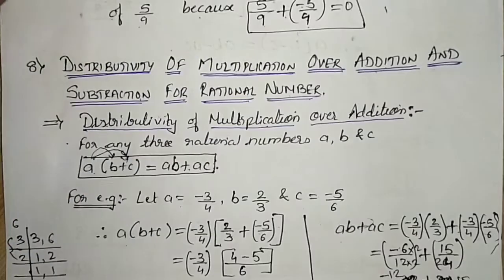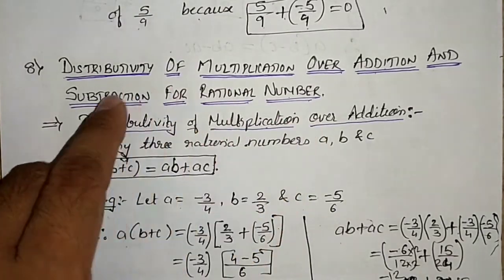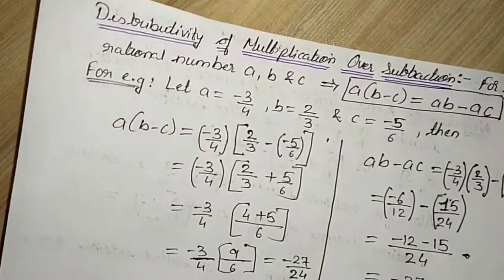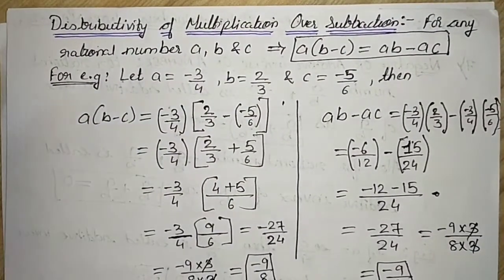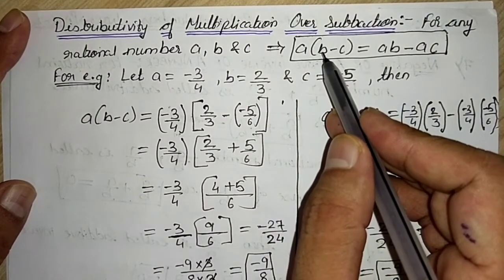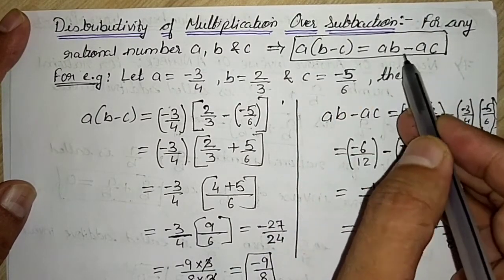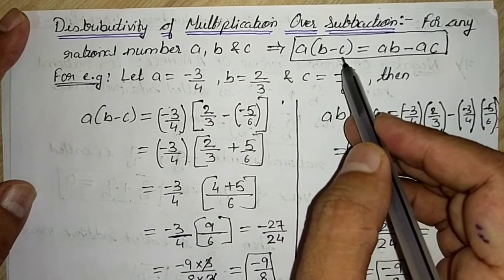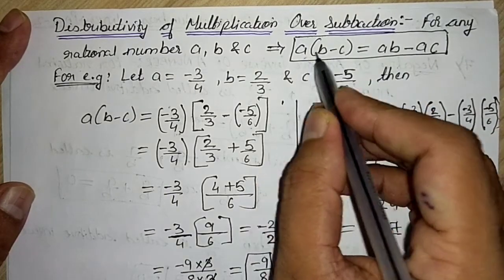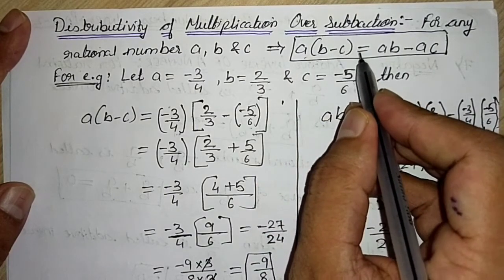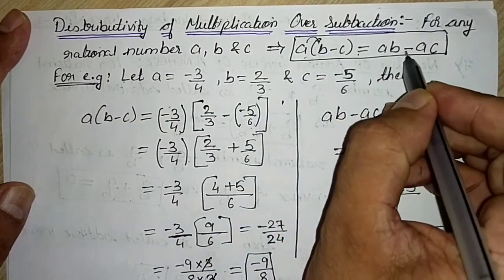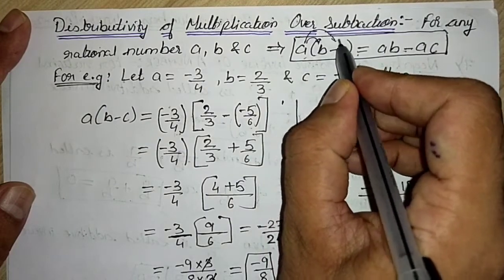Now let us see distributivity of multiplication over subtraction. In the same way, over there it was b plus c and here it is minus, because it is over subtraction. That means a into bracket b minus c is the same as multiplying a into b and then subtracting a into c.